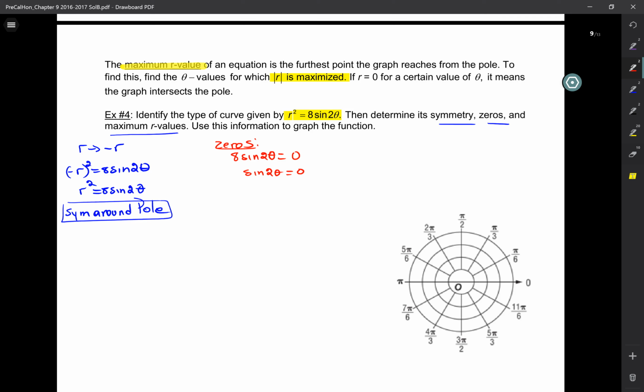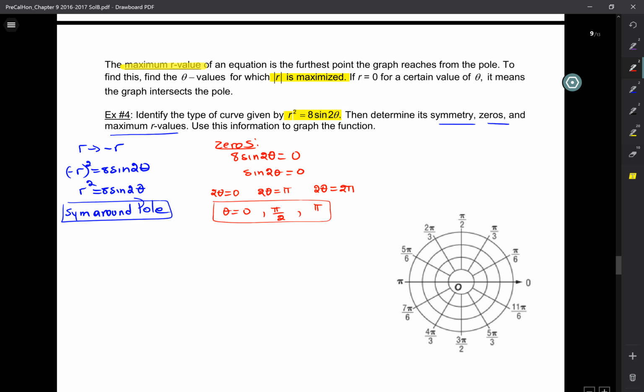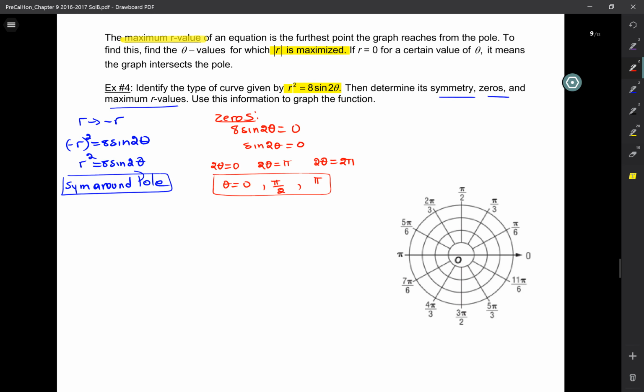Sine is 0 at 0, pi, 2 pi. So we say 2 theta is equal to 0, pi, 2 pi, and so on. So theta is 0, pi over 2, and pi. Everybody okay with how we get this one? Okay? Yes? Okay.